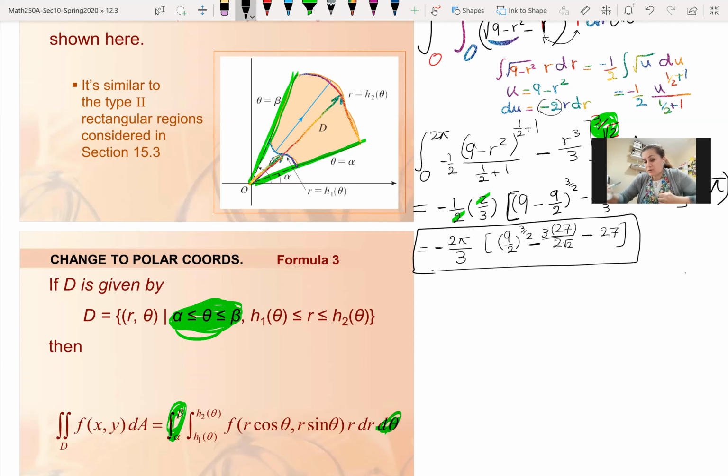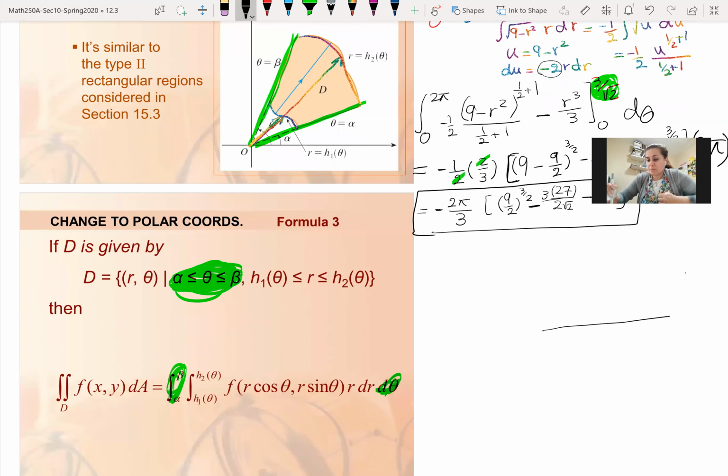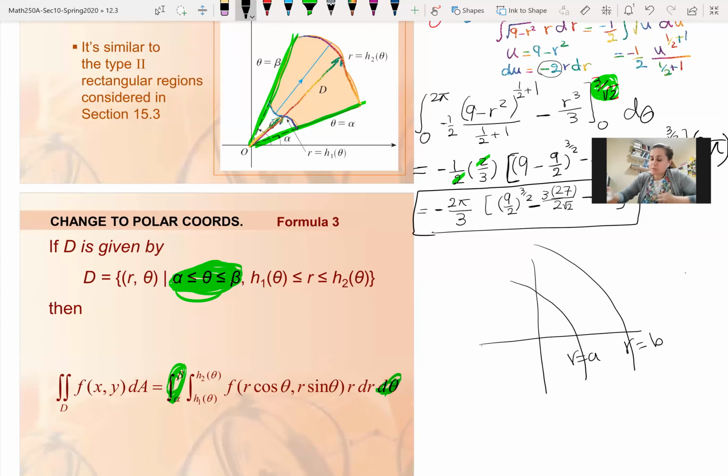And you might have the other one, which is when your radius is constant, so it's between two circles, r equals a, r equals b, and then maybe your angles are between two functions, but that's not common in this course.